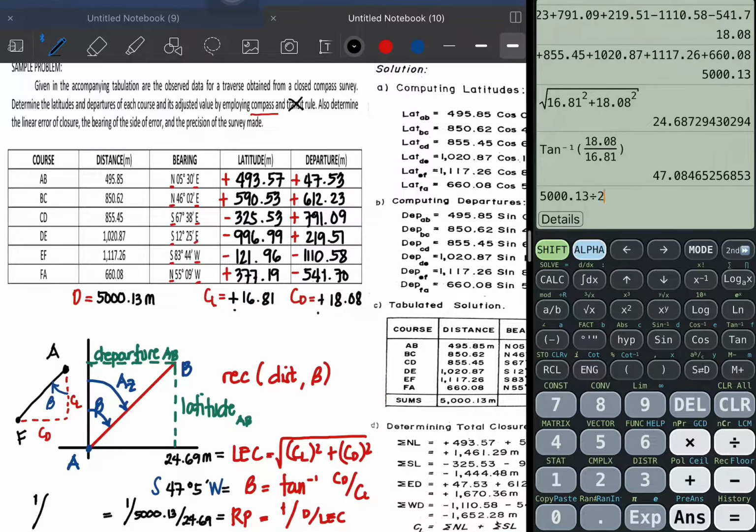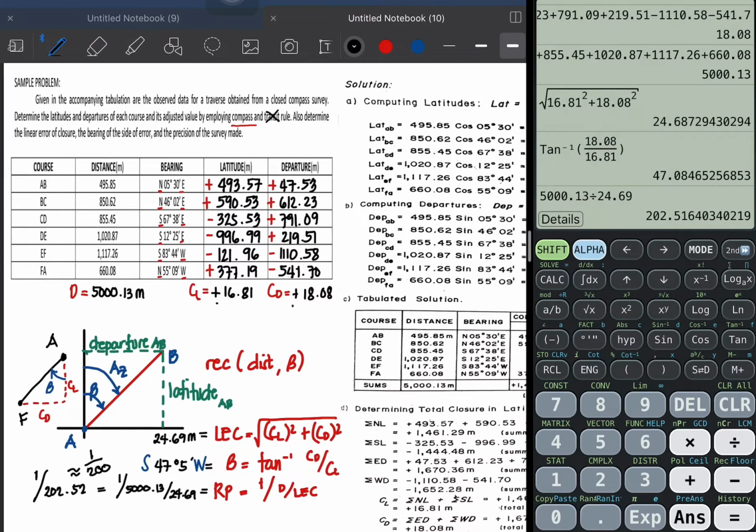So that's equivalent to 202.52, or just round it off to hundreds, that is 1 over 200. That is the answer for the relative precision. So maybe let's try to check it with the calculation in the book.